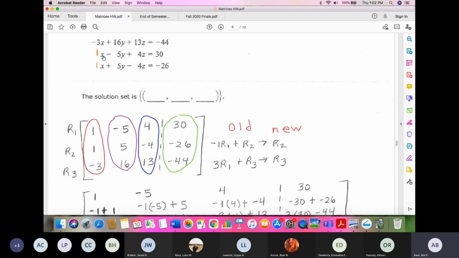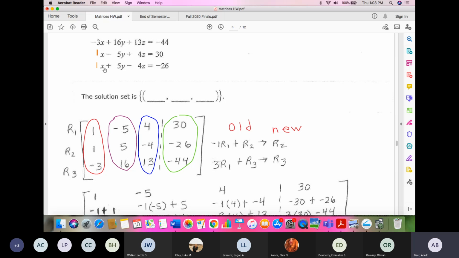So let's enter this row first, and we just want the coefficients, the numbers. So we have 1, -5, 4, and 30.